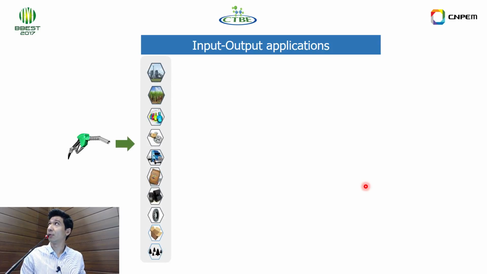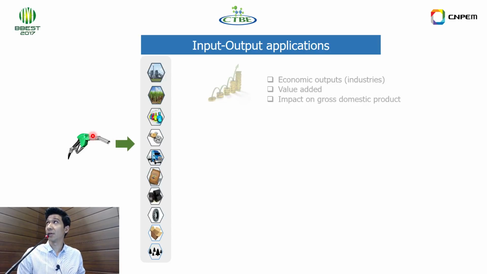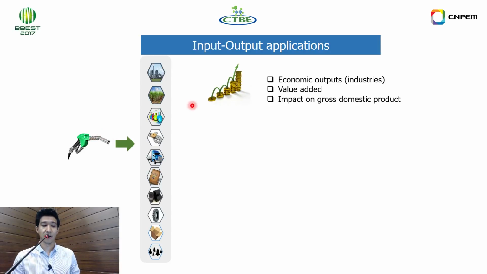And what we get is that input-output analysis is generating an inventory of industries we are activating when we need to produce ethanol. So if in possession of this inventory, we of course calculate the economic outputs over all the industry.